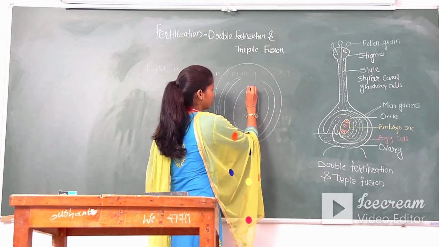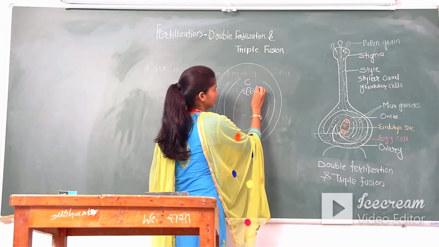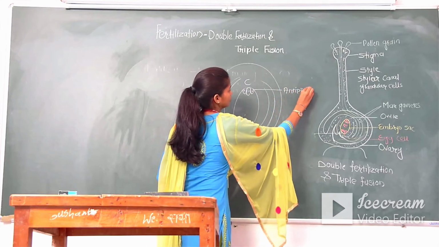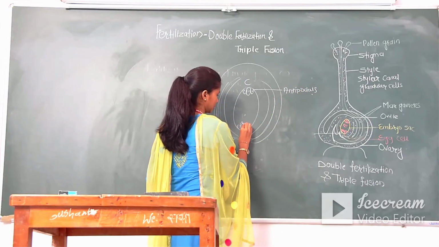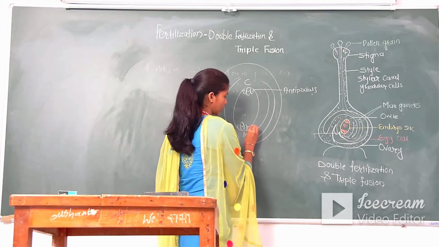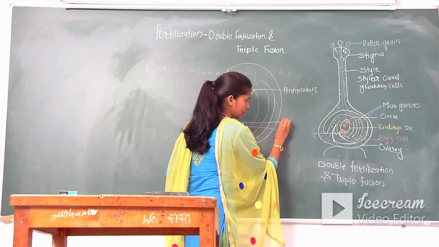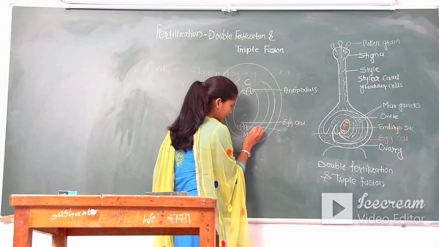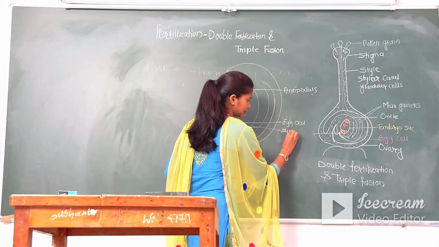This is the embryo sac. This is the chalazal end. These are antipodals. These three cells which are present at the micropylar end are known as the egg apparatus, out of which the central cell is known as the egg cell, and these two lateral cells of the egg cell are known as synergids.